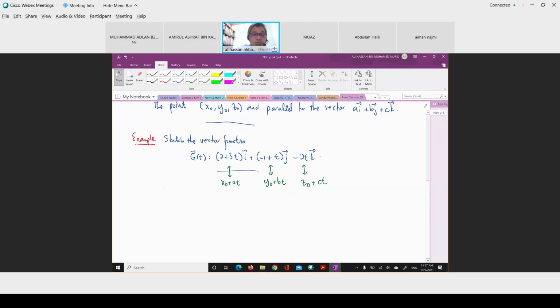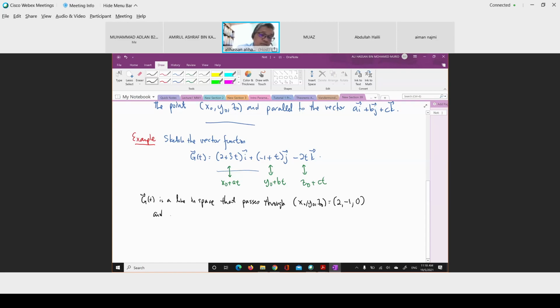So g of t is a line in space that passes through the point x naught, y naught, z naught. In this example, x naught is equal to 2, y naught equal to minus 1, and z naught is 0.